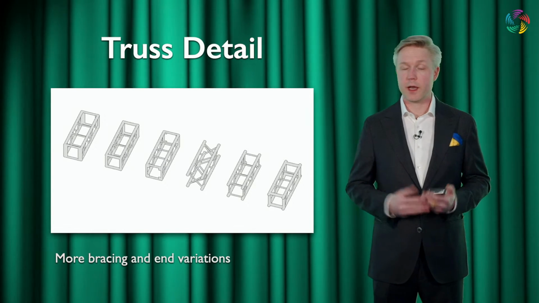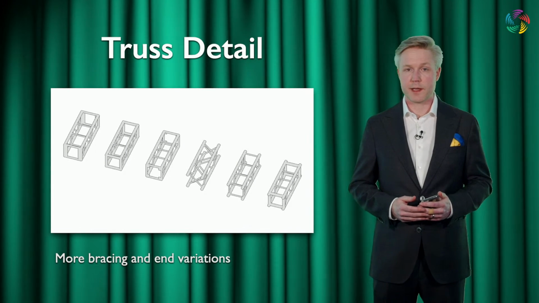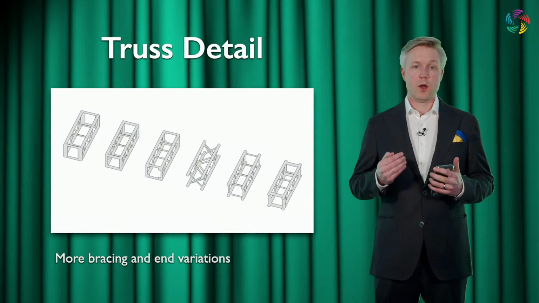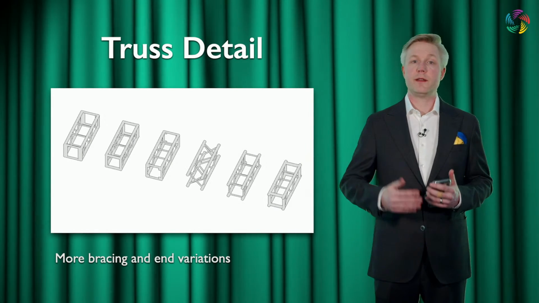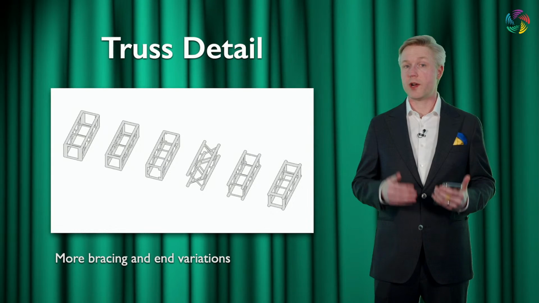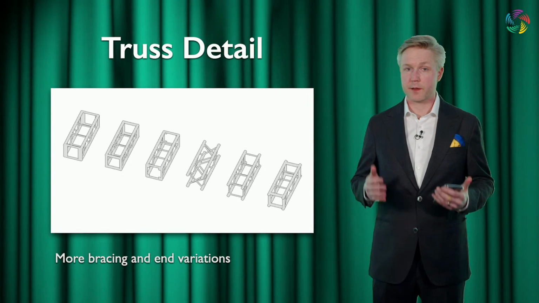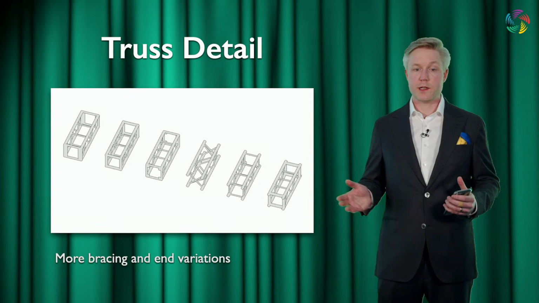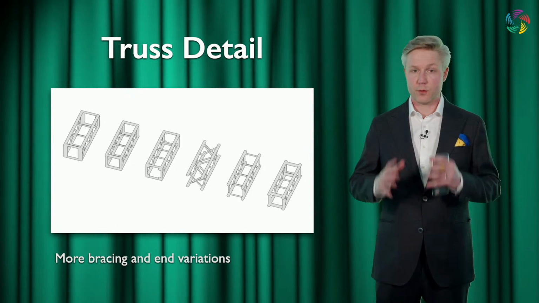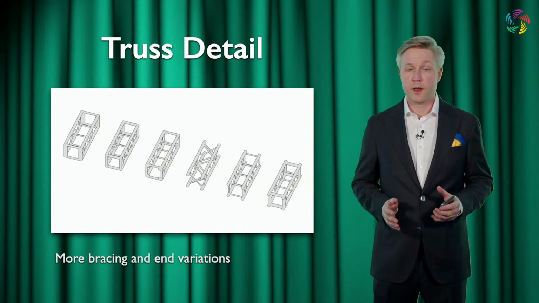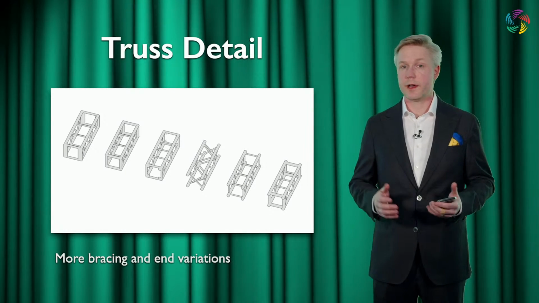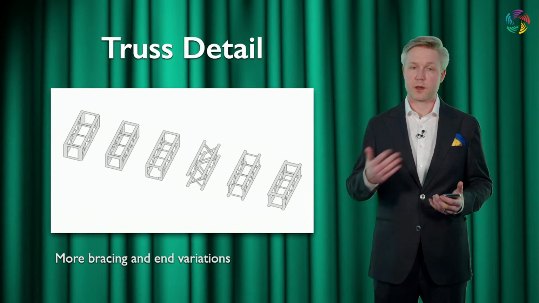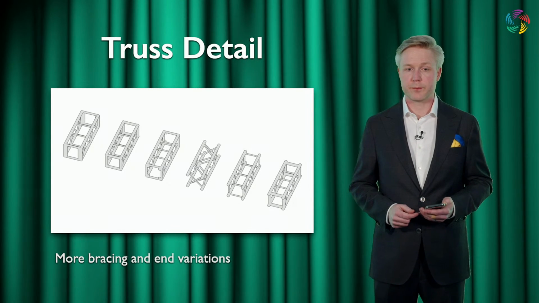Speaking of truss, we have increased the level of detail of the generic truss items in the library. We have added more detailed information about the number of braces the trusses have, as well as the style of the endings of the truss, ranging from a cross brace to a plated ending, including also truss items that don't have any braces at the bottom, for instance, which is common with some pre-rigged trusses.